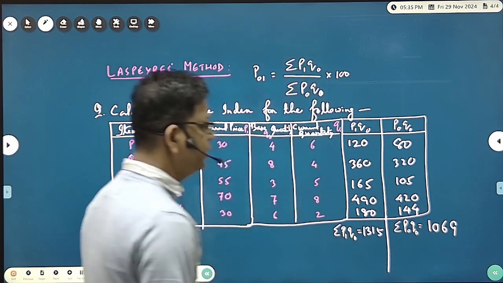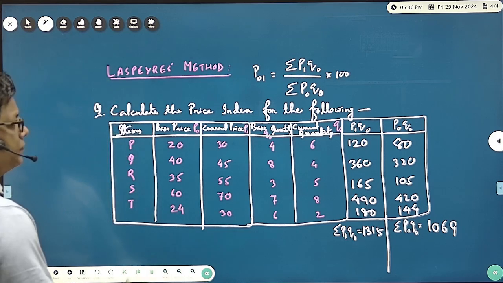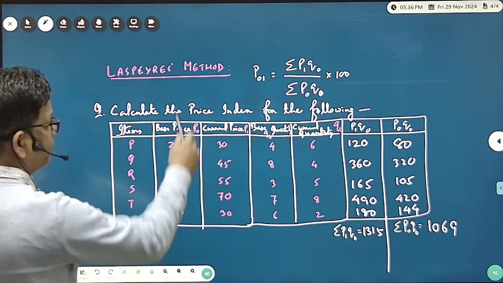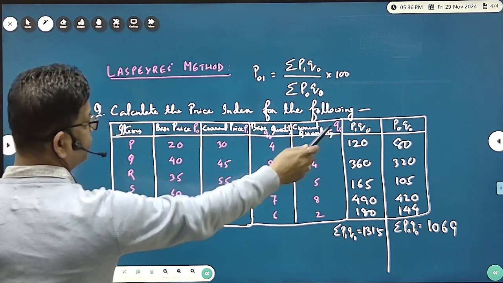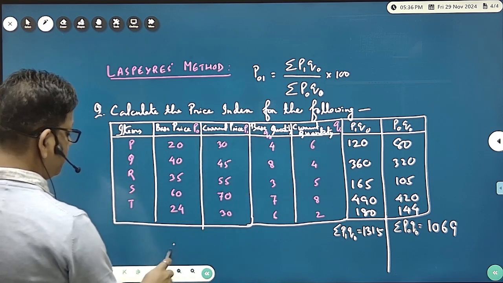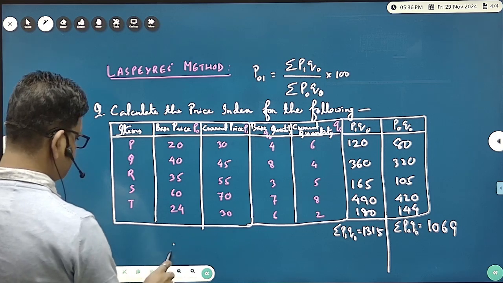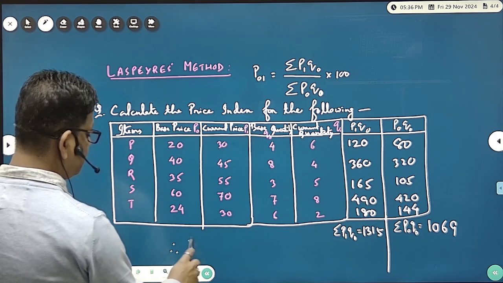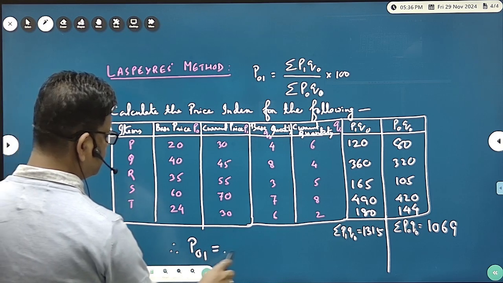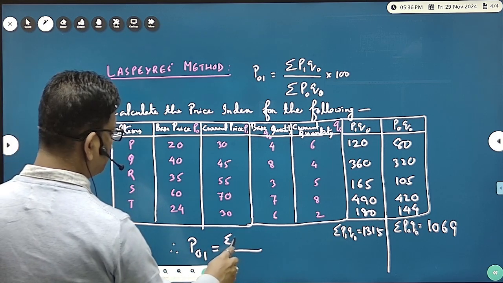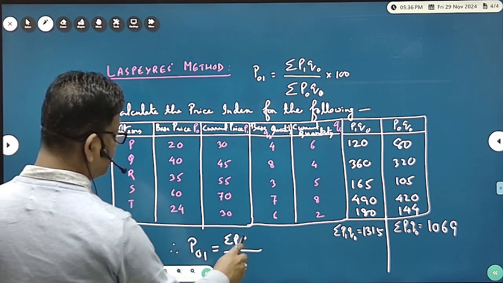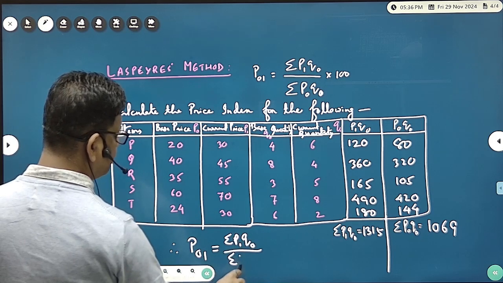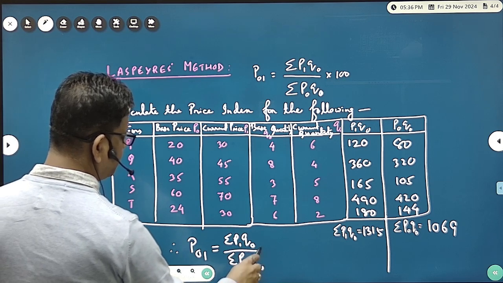1069. All right. So now, since we are trying to find a price index, and we already have P1 Q naught and P naught Q naught, therefore to get the price index P01, the formula by Laspeyres' method is summation of P1 Q naught divided by summation of P naught Q naught, multiplied by 100.